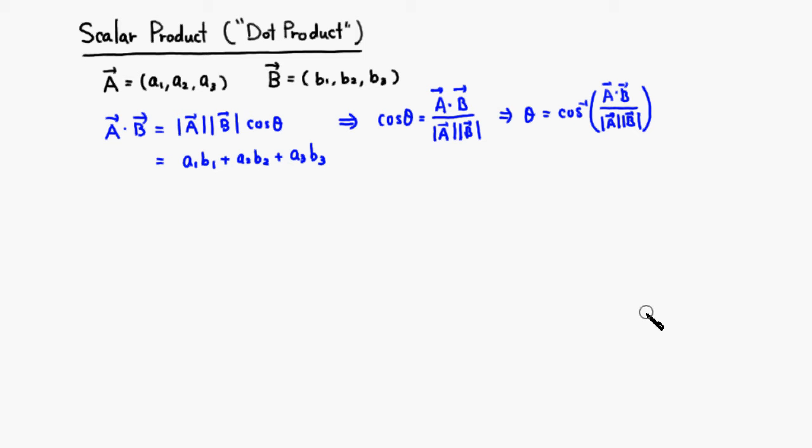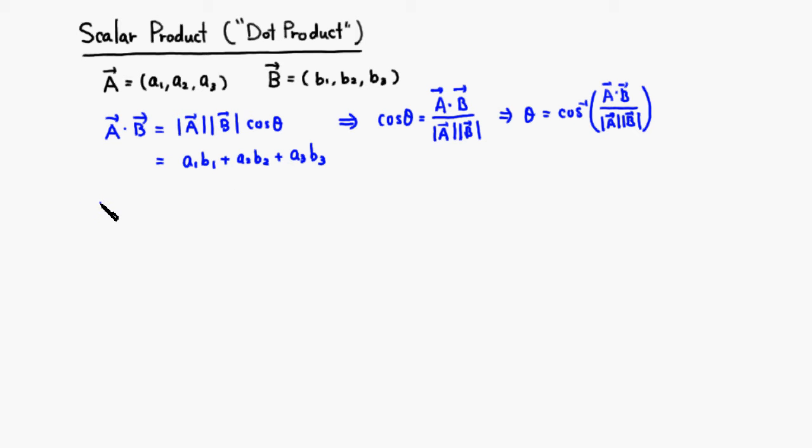And geometrically, the dot product is very useful since when two vectors are perpendicular, cosine of 90 degrees is 0. So therefore, if you take the dot product of two perpendicular vectors, it's going to give you 0.